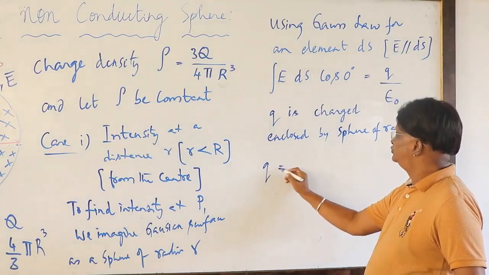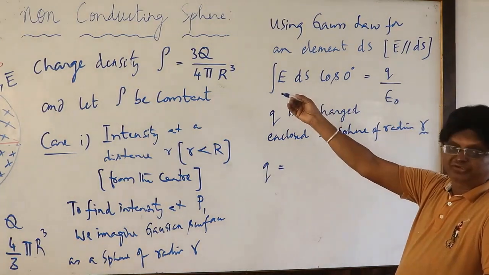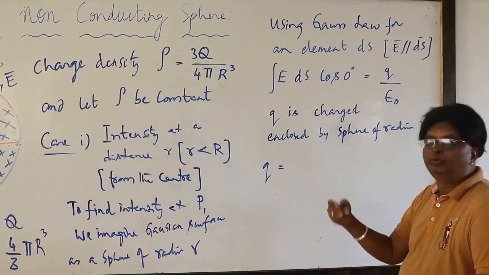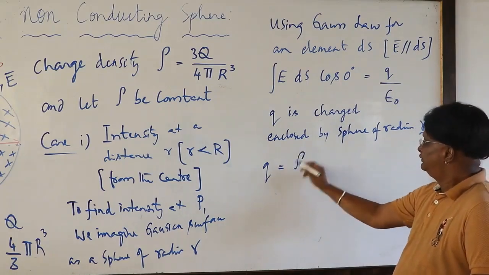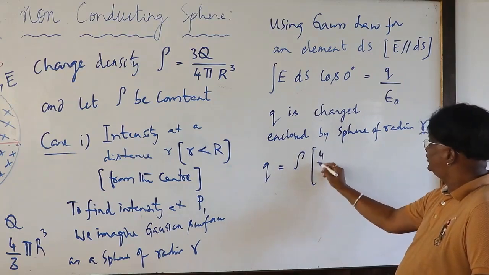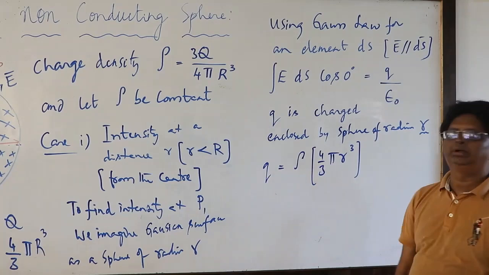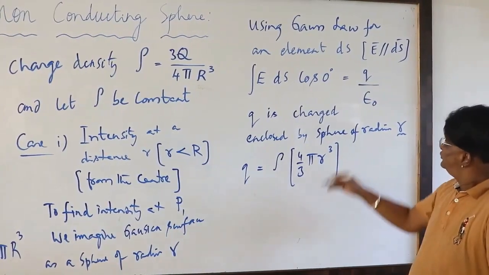Because we have already taken charge per unit volume, right? Charge per unit volume times volume will give us the total charge. Therefore, this q is rho times 4/3 pi small r cube. This is the definition, let us use it here.